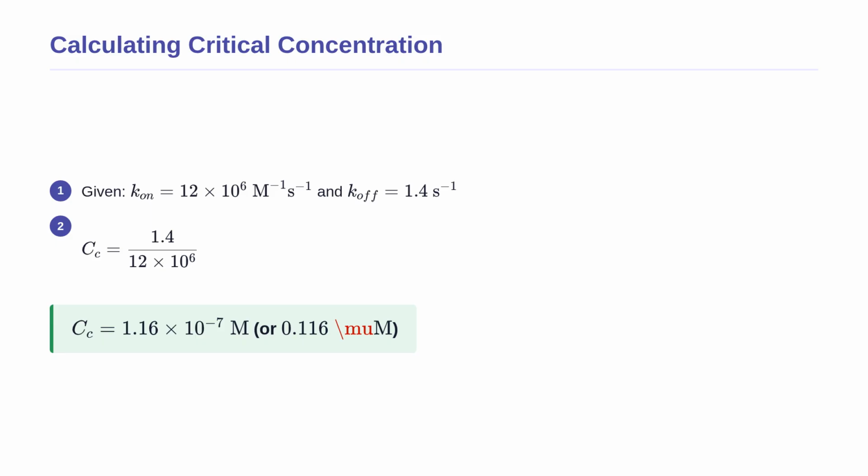We choose our critical concentration formula because it directly relates these two rates to the equilibrium molarity. By dividing 1.4 by 12 million, the per second units cancel out, leaving us with molarity. The final answer is 0.116 micromolar. Physically, this means maintaining exactly this concentration keeps the actin filament perfectly stable.